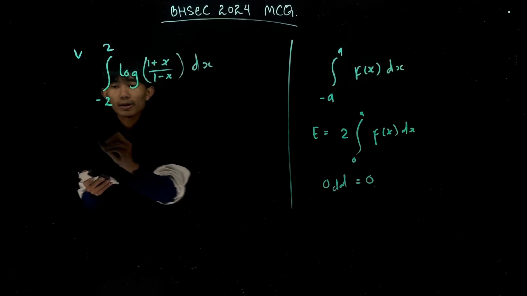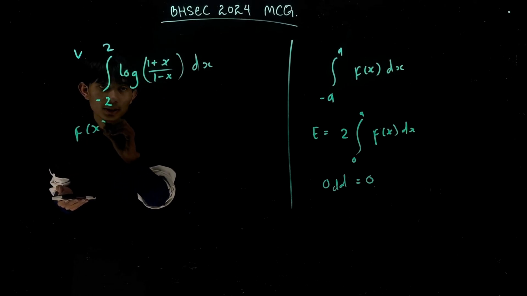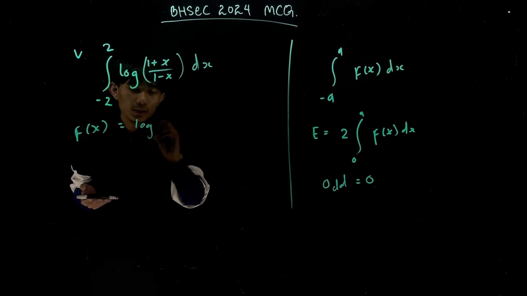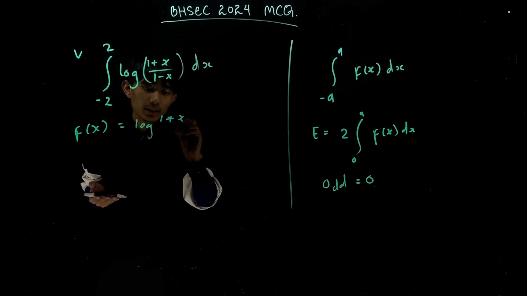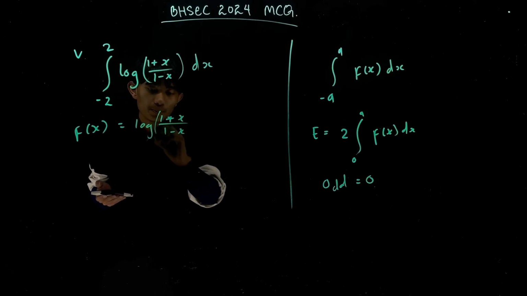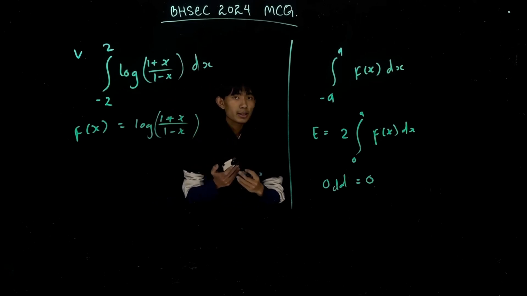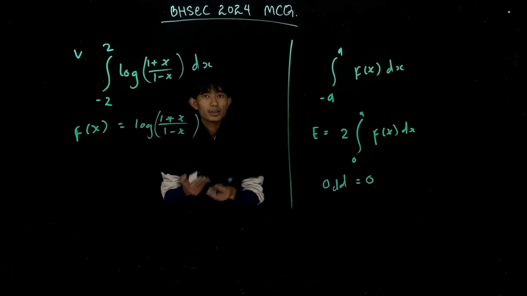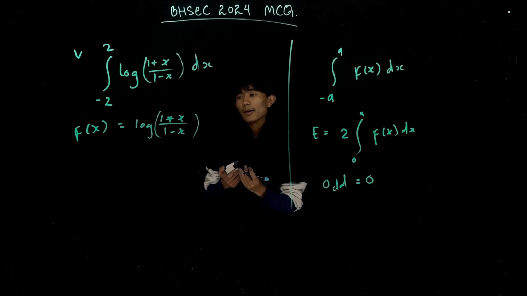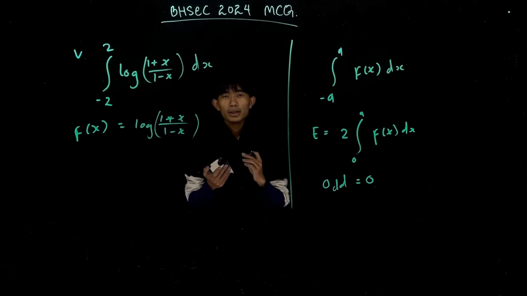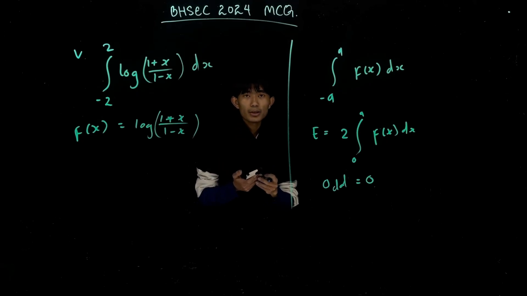In this case we have f of x equals log of (1 plus x) divided by (1 minus x). To check whether our function is even or odd, we check for f of negative x. If f of negative x equals f of x, then the function is an even function. And if f of negative x equals negative f of x, then that function is an odd function.